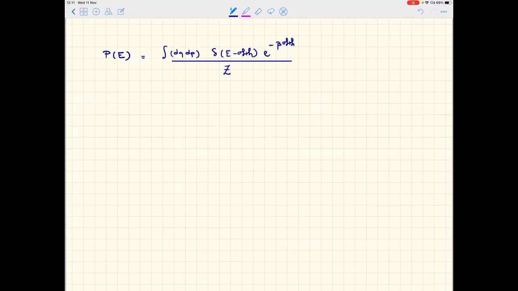So let's forget for a second about this normalization and just look at the integral above.